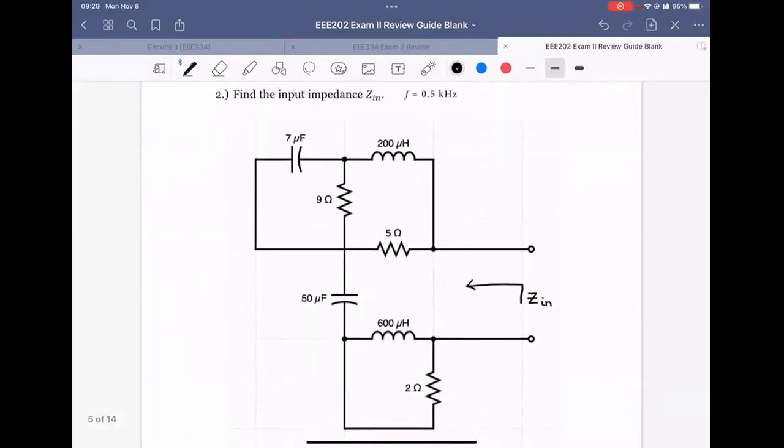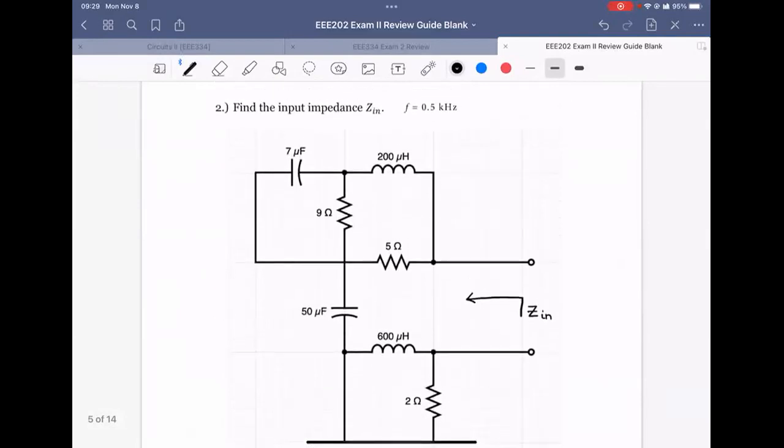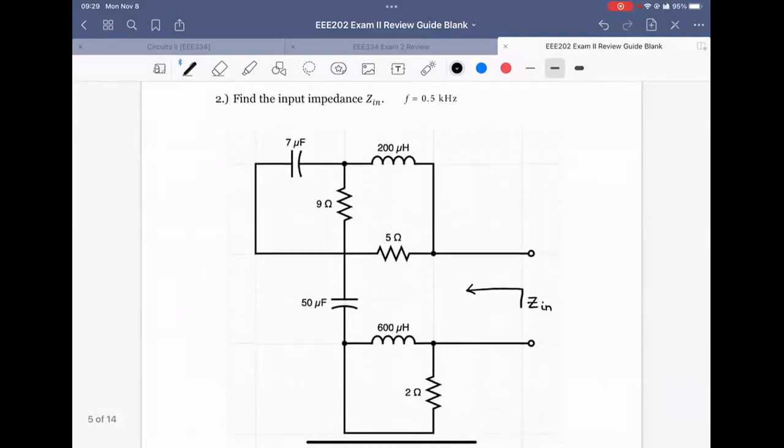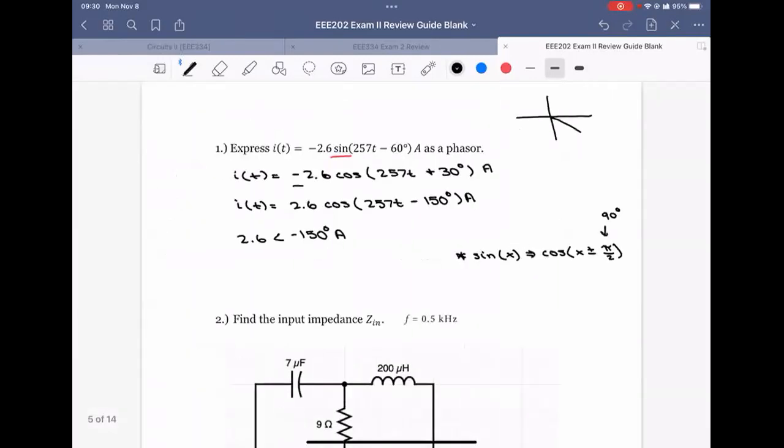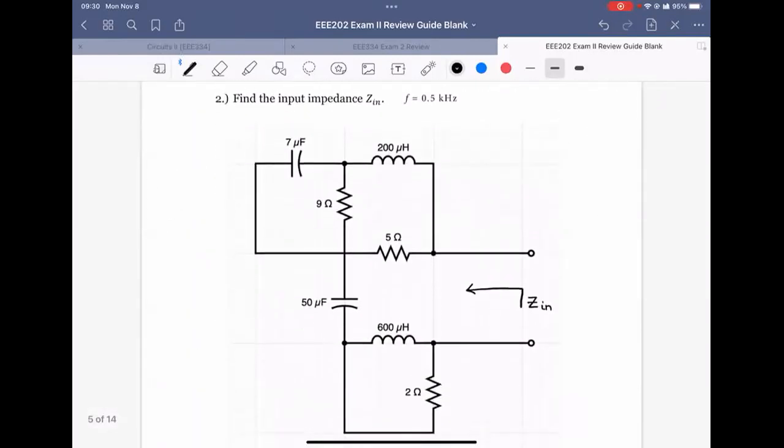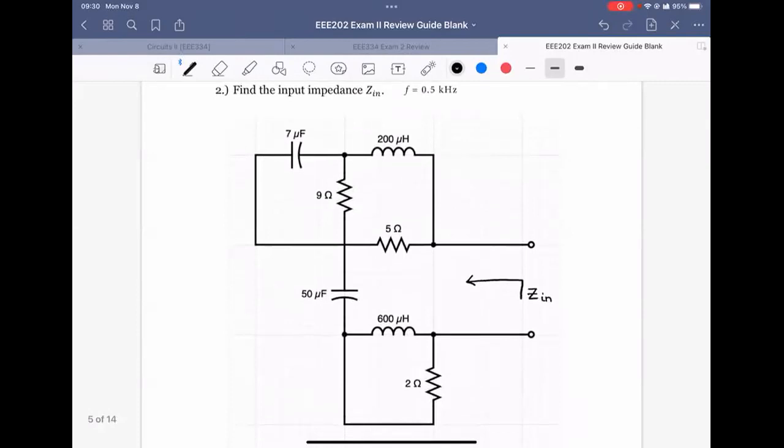So next thing is input impedance. The first thing I always do in these questions: we're given the frequency at the top as half a kilohertz, 500 hertz. I would convert that to radians right away. Remember, omega equals 2 pi times the frequency.